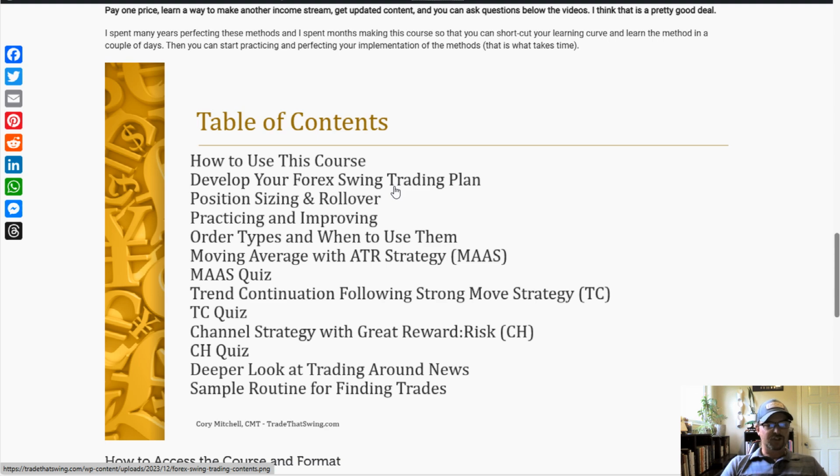We'll talk about position sizing and rollover, how to figure out the best position size for your account and the trades you're taking. And then also rollover. Rollover basically allows you to make interest or possibly pay interest depending on which currency pairs you're using. So when we swing trade, we're going to be holding positions overnight, and those currencies have different interest rates in them. So Canada is going to have a different interest rate than the US or the UK.